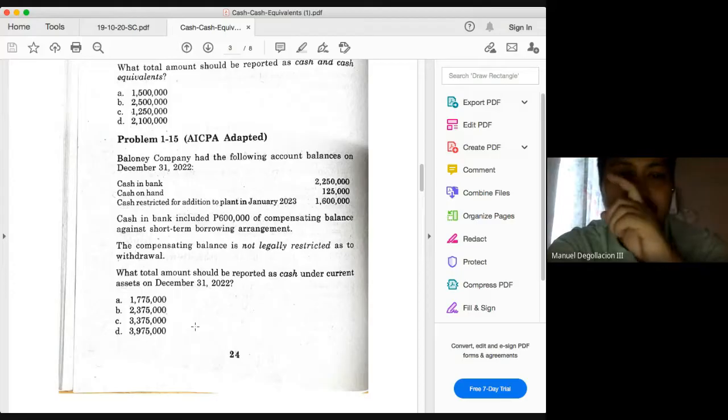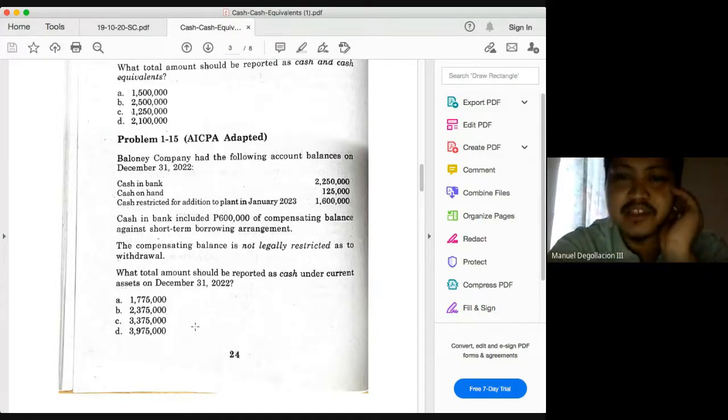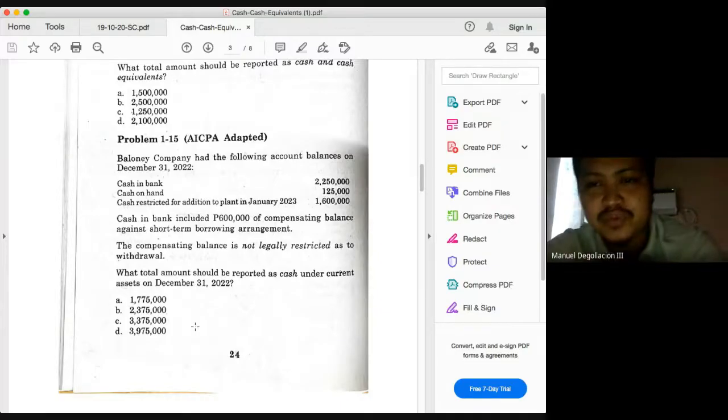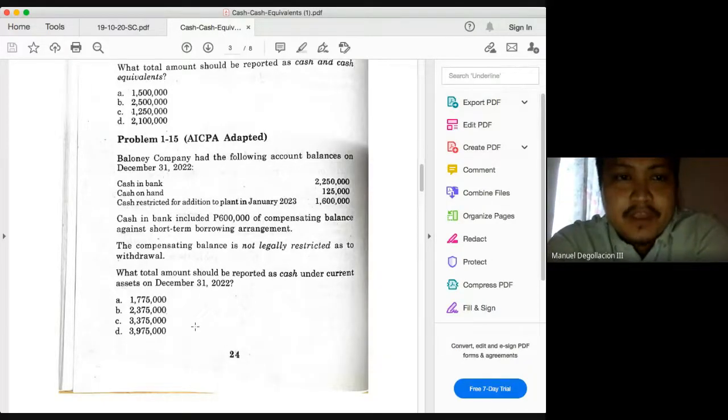There is already an intended use for the 1,600,000, which is to acquire a long-term asset.